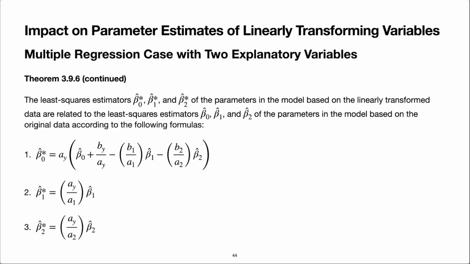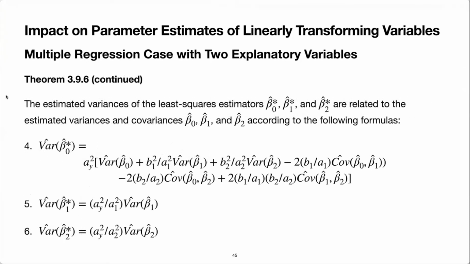We could come up with these values without having to have the actual raw data, without actually having to refit a model. As long as we have those least squares estimators of the original model, and we know the linear transformations we're talking about, so we know the a values and the b values, then we can calculate these quantities.